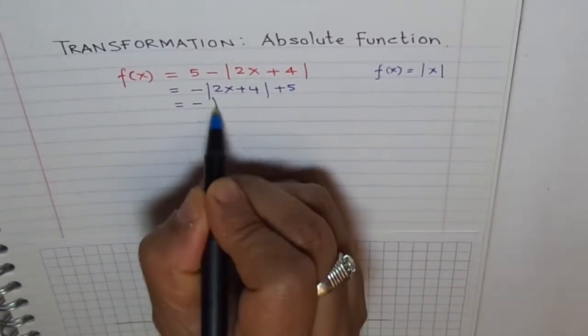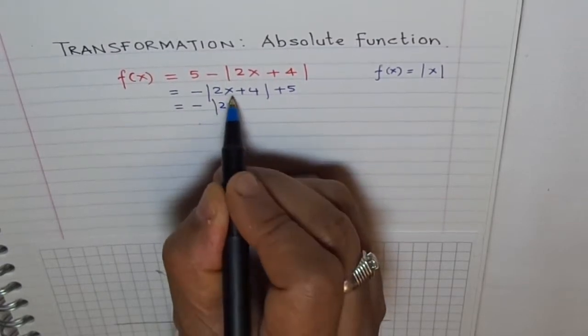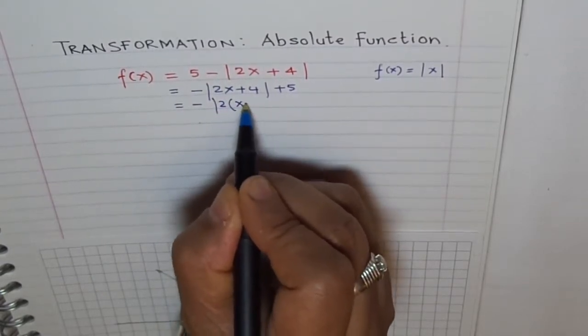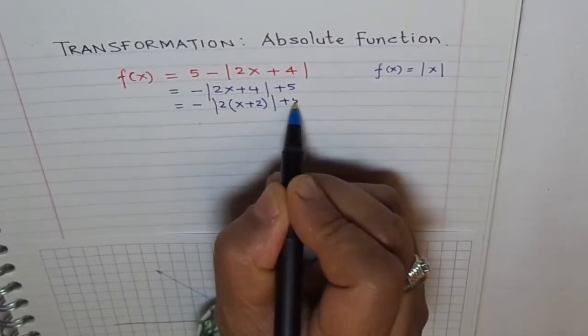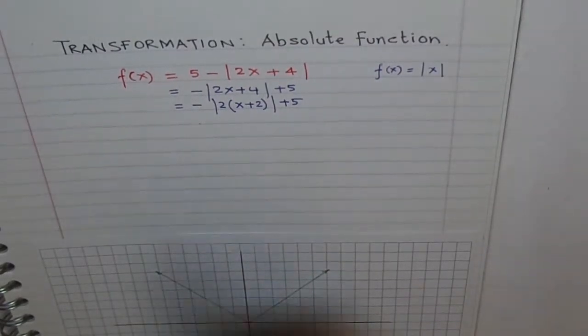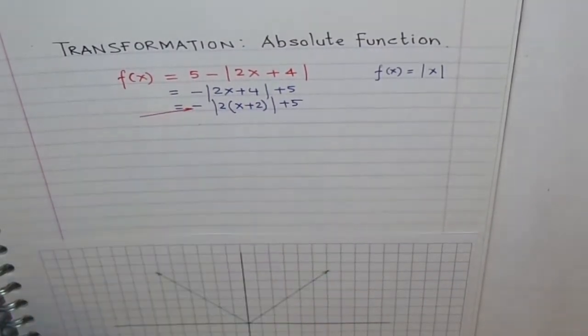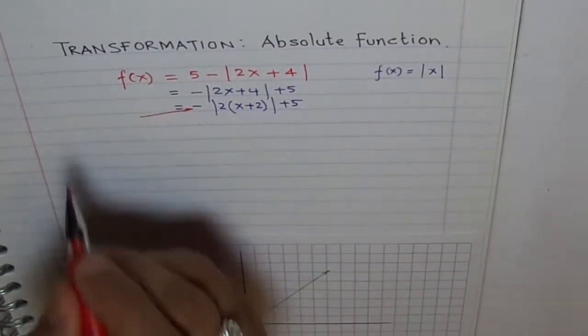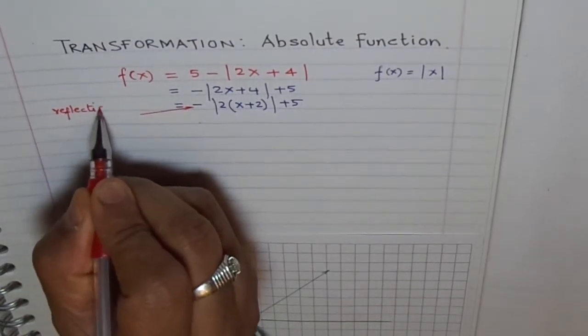Then we say absolute of, let me take this 2 common, and when you do so, you get x plus 2, plus 5. Now, this sounds familiar, right? Let's see each part. What do they reflect? This minus 1, what does this tell you? It is a reflection on what?